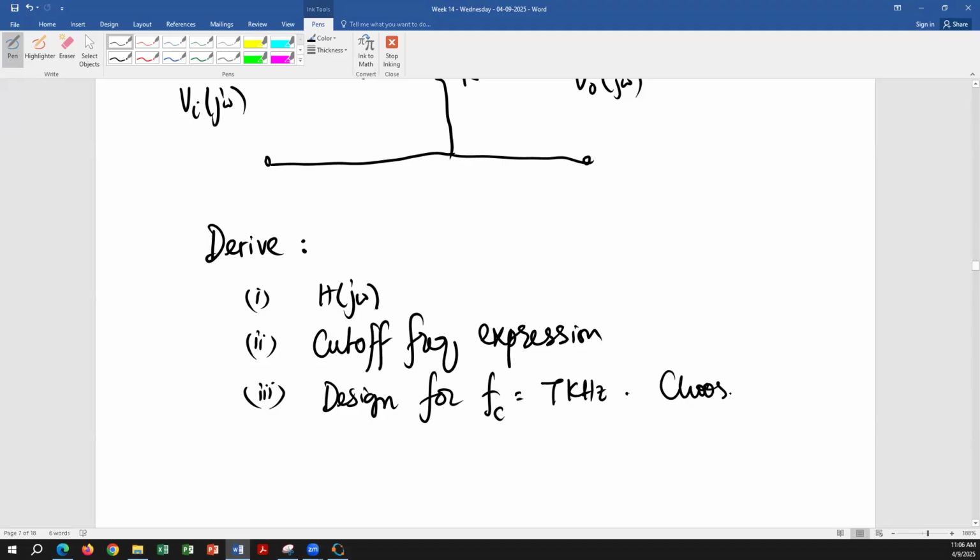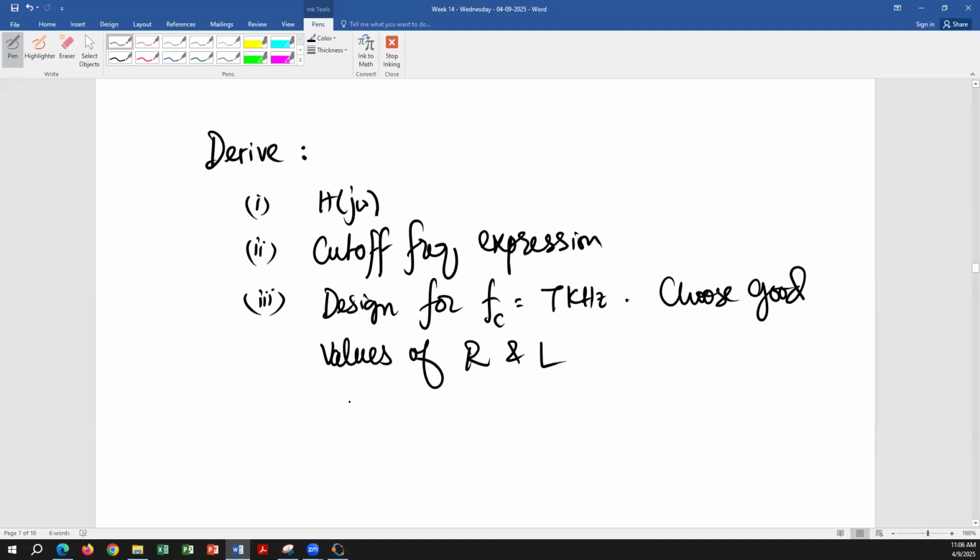Choose good values of R and L, and plot the magnitude and the phase responses.